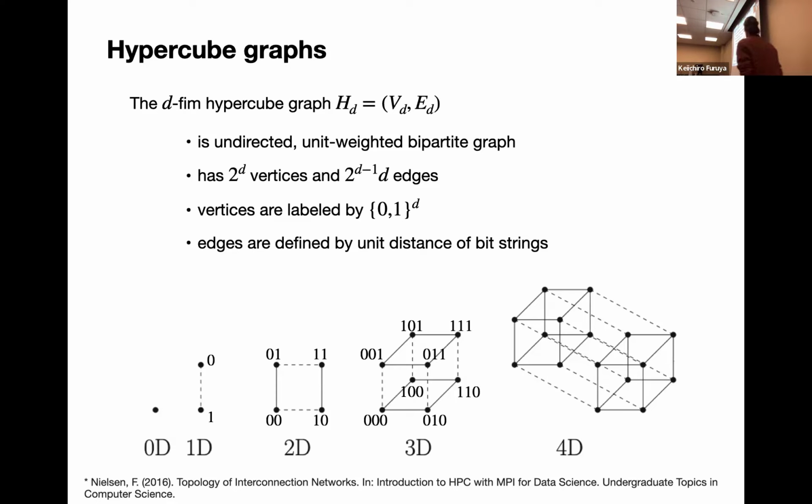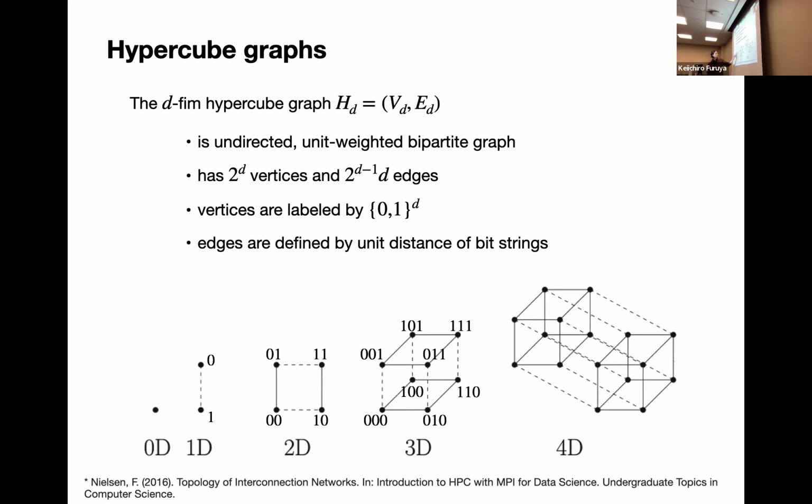These are the numbers of vertices and edges, not that important here. The most important thing is that the vertices of a hypercube graph are always labeled by binary sequences of 0 and 1. In 1D, one vertex is labeled 0 and the other 1.